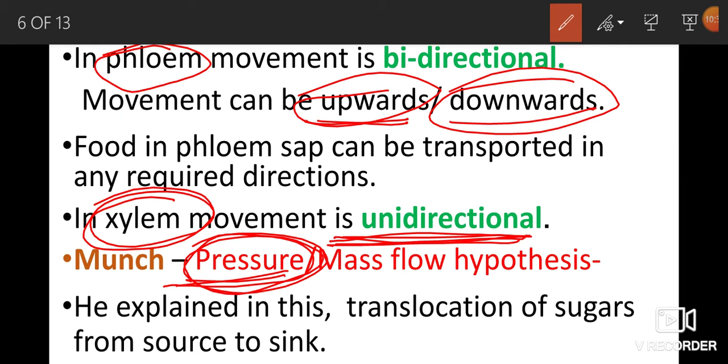This is also called the mass flow hypothesis. Molecules move from one point to another point by mass or bulk flow. That is called the mass flow hypothesis or pressure flow hypothesis. In this, he explained the translocation of sugars from source to sink.